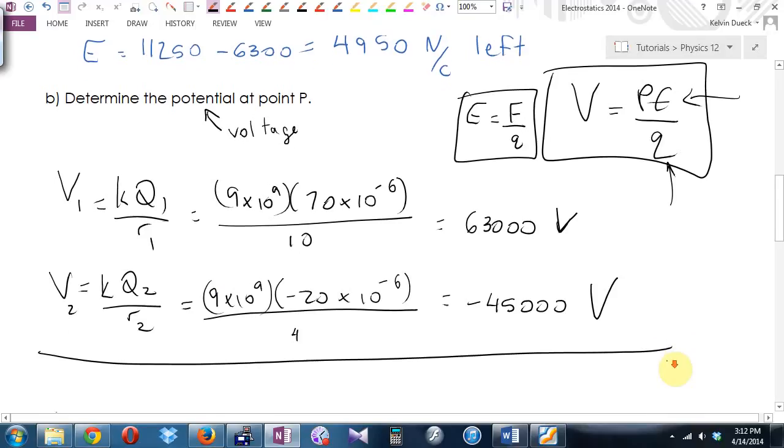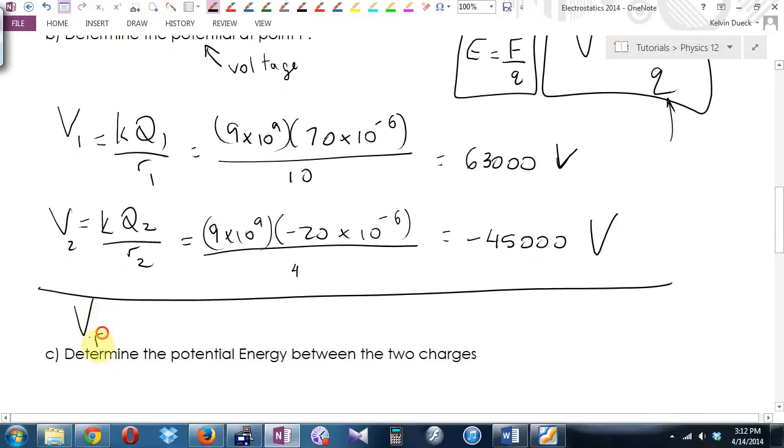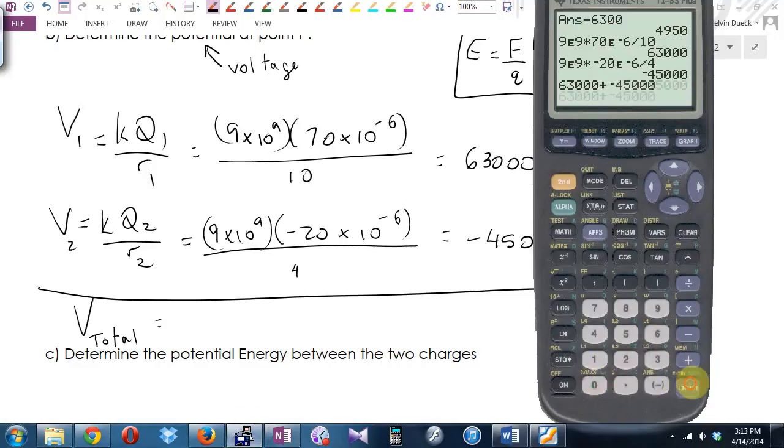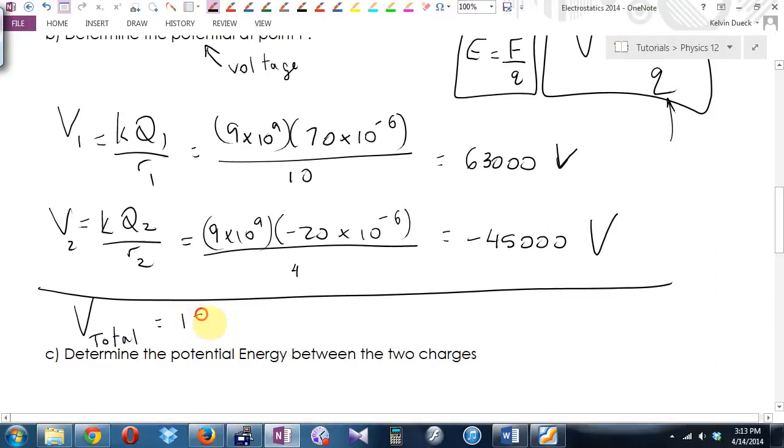Voltage is a scalar. To find the total voltage, add them up. 63,000 plus negative 45,000. 18,000 volts right there.